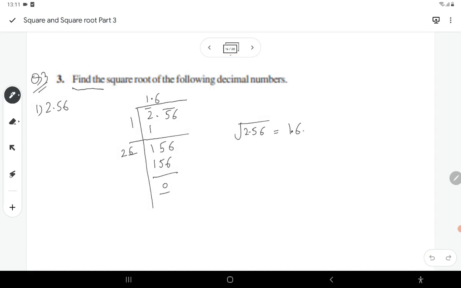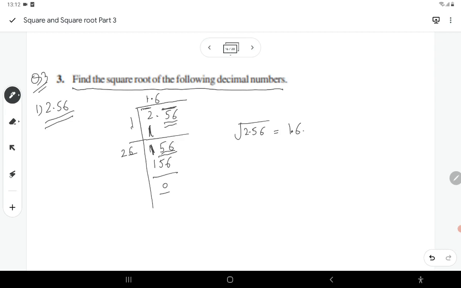Next question says find the square root of the following decimal numbers. First part says 2.56. So first of all make the pairs. First from the unit digits we get 56 as one pair and 2 as a single pair. So we know that 1 1s are 1 and 2 minus 1 comes 1. Now bring down the remaining part, that is 56, downwards.